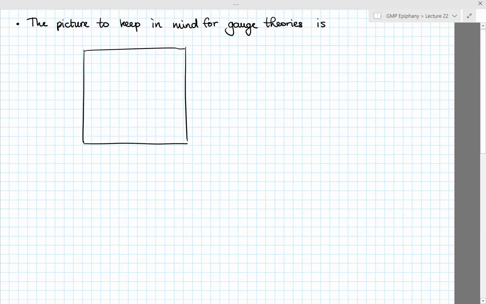So I'll start with this square, which denotes schematically field space, the space of all field configurations consisting of, in our case, the complex scalar and the gauge field. And let me draw curves for field configurations which are related by gauge transformations.